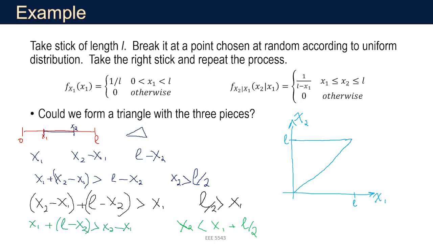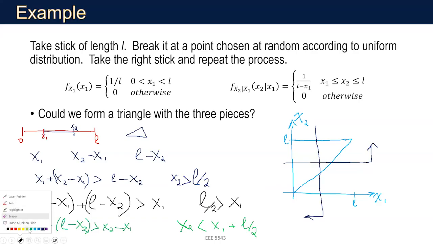Now let's find where these conditions intersect our sample space. So the region of interest in our event space that satisfies all these conditions is this one.